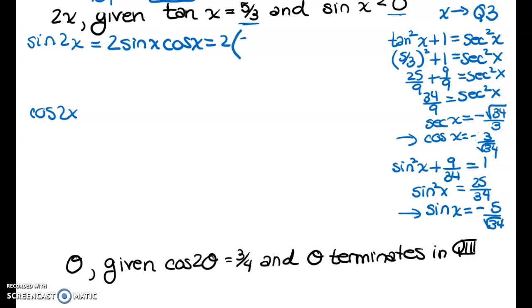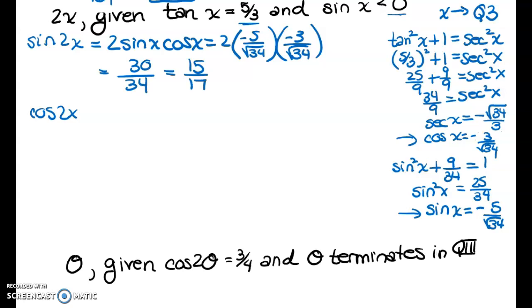So 2 times negative 5 over radical 34 times negative 3 over radical 34, that's 15 times 2 is 30 over 34, which is 15 over 17. So that looks a lot easier to not use the rationalized ones.